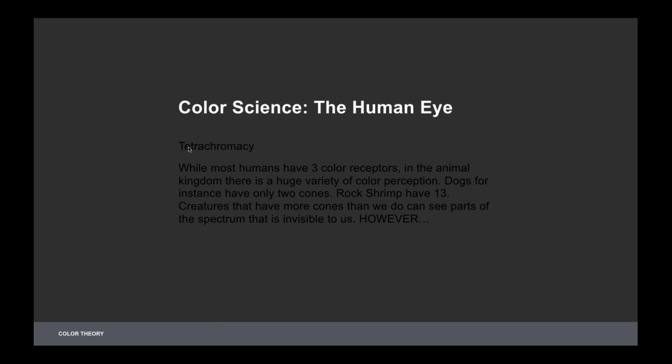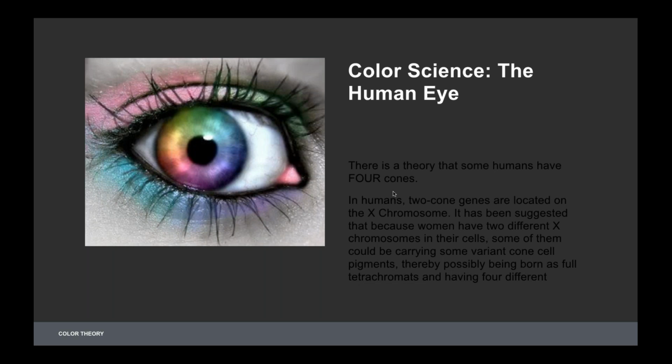There is a belief that there are some humans that have what we call tetrachromacy, which means that they can see more colors because instead of having 3 receptors, they have 4 cones, and it would only be women. You know, this is kind of a remarkable idea when you think about it. The scientist who did this study said that he met this woman who he believed to be a tetrachromat, and they looked at the blue sky, and he said, it looks blue.